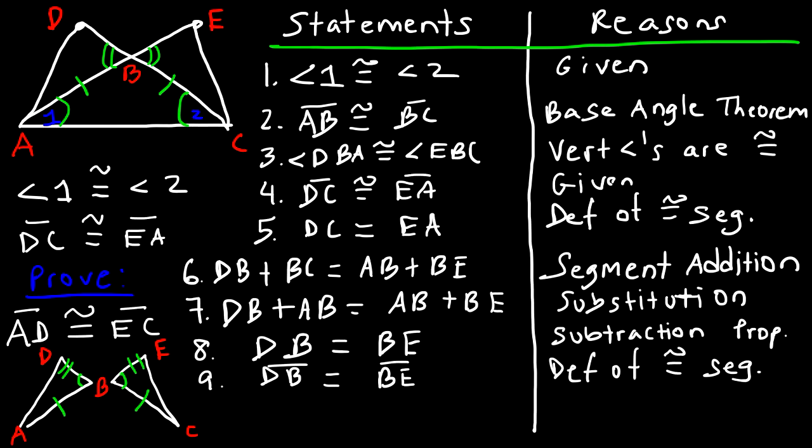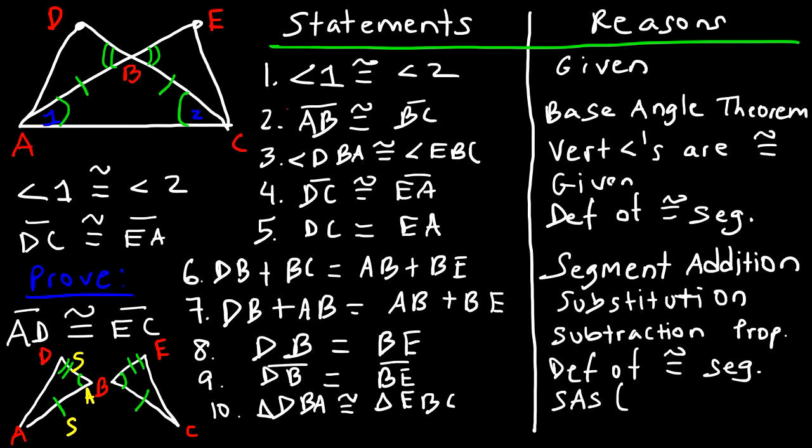So now we could show that these triangles are congruent based on the side angle side postulate. So for statement 10, we're going to say that triangle DBA is congruent to triangle EBC.